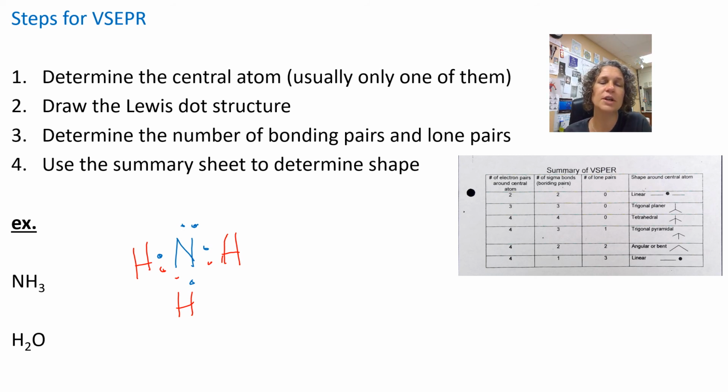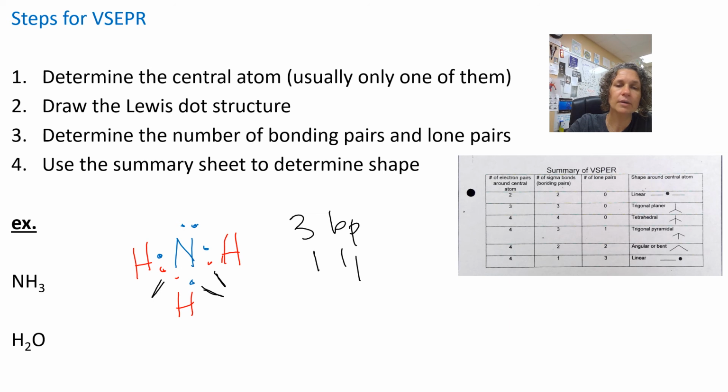So then determine the number of bonding pairs. In this particular compound, you have 3 bonding pairs. They are the ones that are between the hydrogen and the nitrogen. So there's a bonding pair, there's a bonding pair, there's a bonding pair. And then you have 1 lone pair, and that is this pair right up here that is on the nitrogen as part of the configuration, but it's not bonding it to anything else.